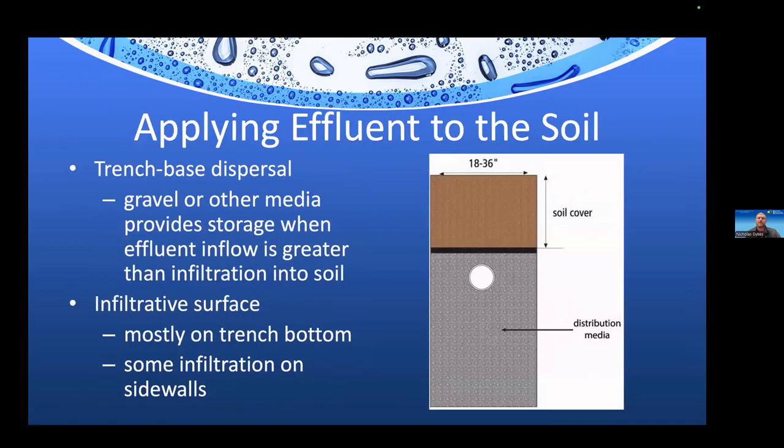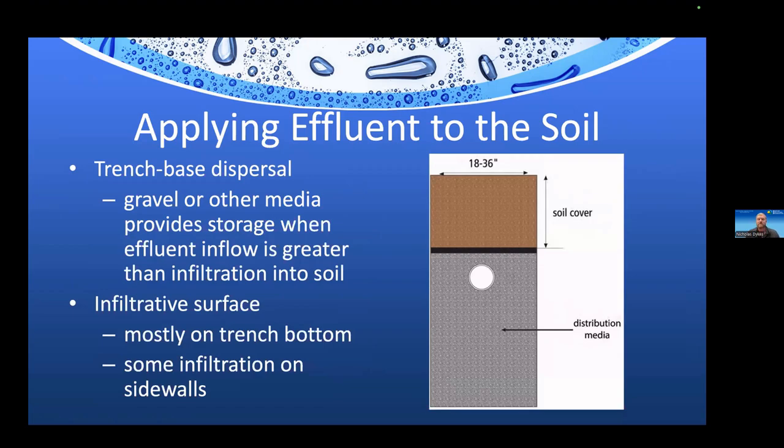When we talk about applying our effluent to the soil with trench-based dispersal, we sometimes have gravel or other media that provides storage when the effluent is coming into it. And then we have infiltration happening into the soil from there.